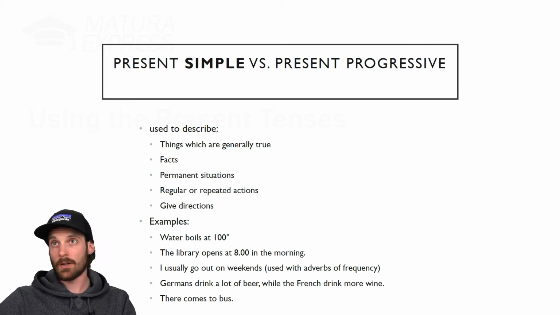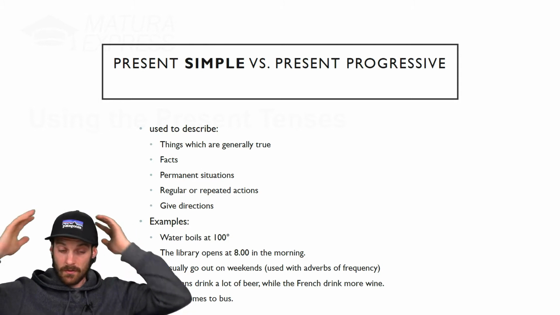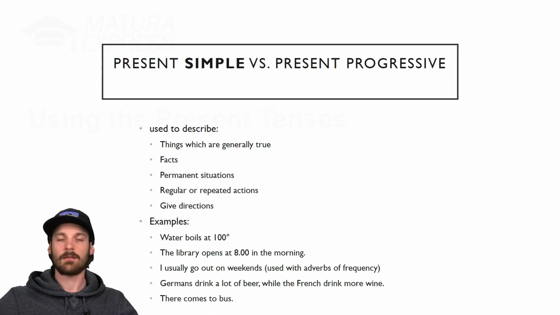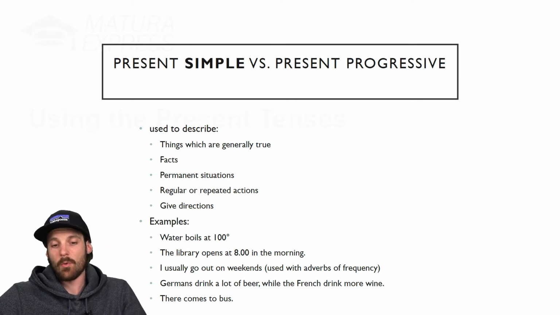I usually go to school. I go out on weekends. In this case, it's used with so-called adverbs of frequency. So, I usually do something. Or a fact: Germans drink a lot of beer while the French drink more wine.